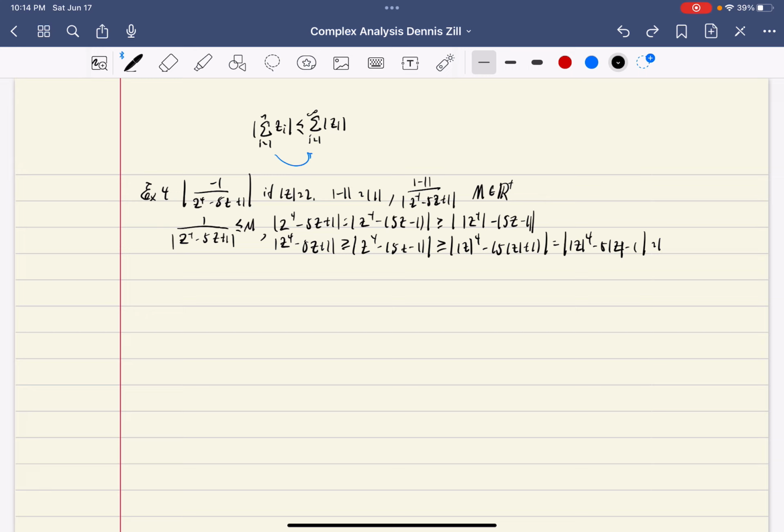That's just 16 minus 10 minus 1 is equal to 5, right? And because this is 1 over it, well, we may conclude, let's write it over here, let's conserve some space, that 1 over z to the 4 minus 5z plus 1 is less than or equal to 1/5, right? So this is our answer. And this is 1.2, okay?